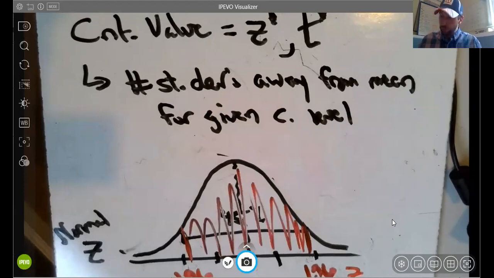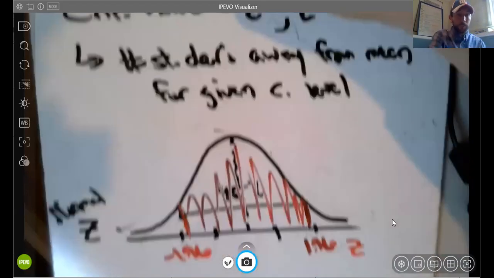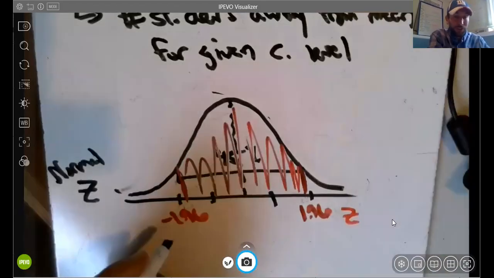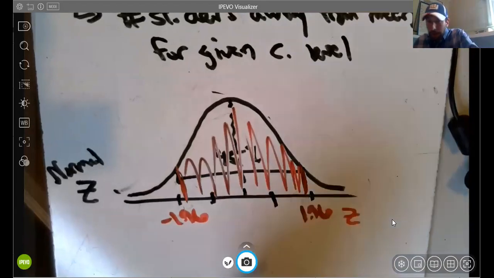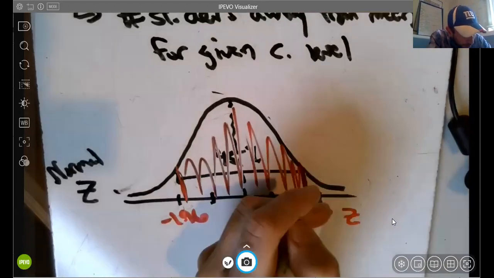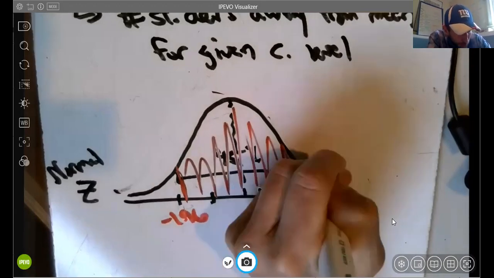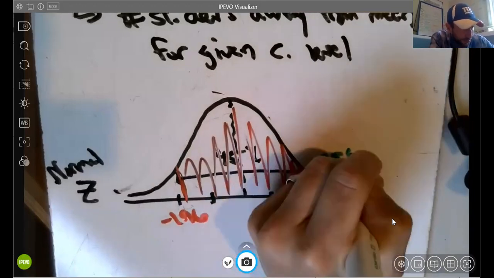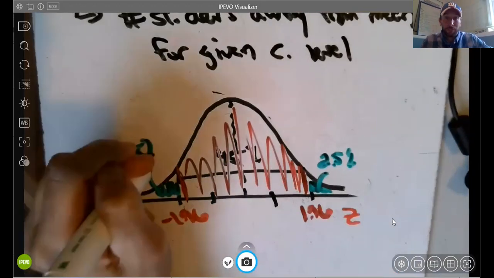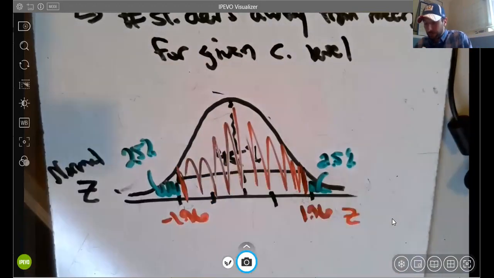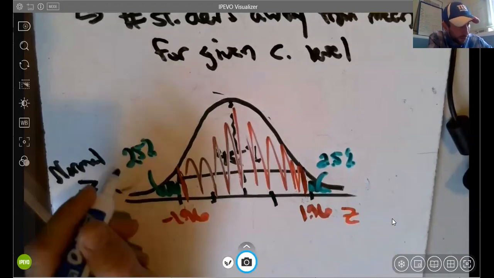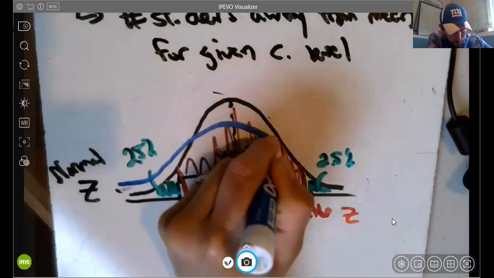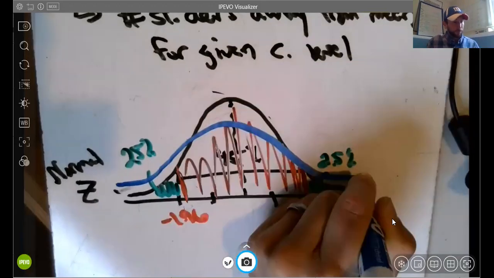But for a t-distribution, since it has fatter tails, let's look at the normal model first: this green area is about 2.5%, and this green area is 2.5%. 95% in the middle leaves 5 for the outsides, cut in half. For the t-distribution, and I'll draw an extreme version of this, we're going to have fatter tails.